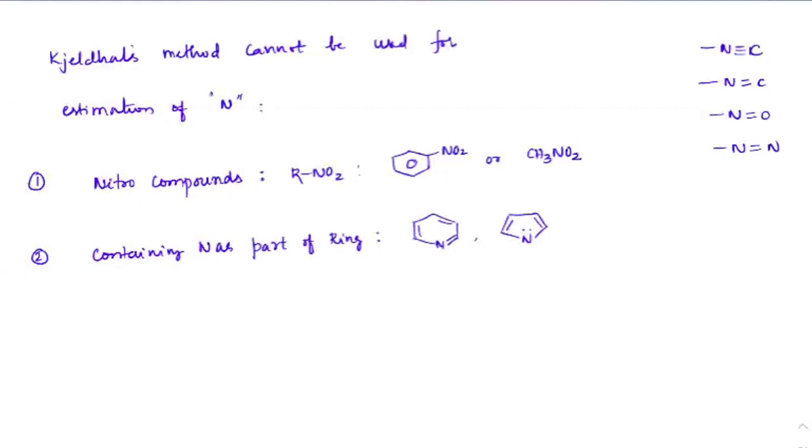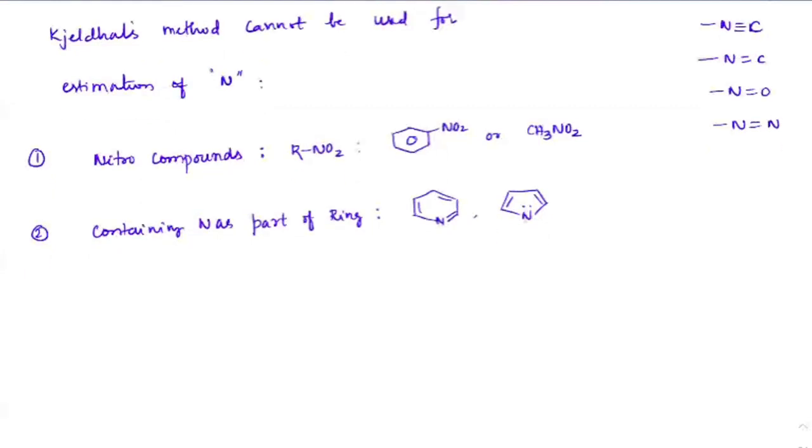Next. Third, in case you have compounds with diazo group. Diazo means N double bond N. Wherever you see N double bond N, that is called diazo.